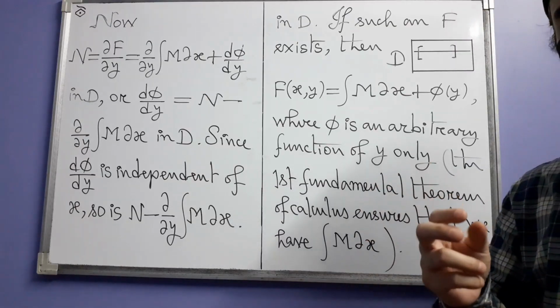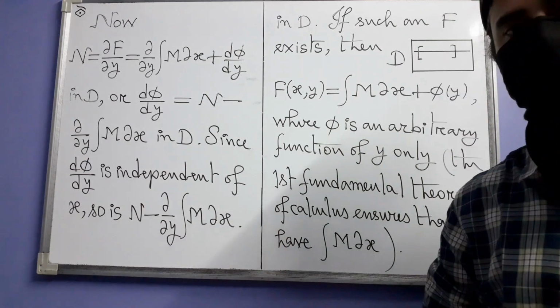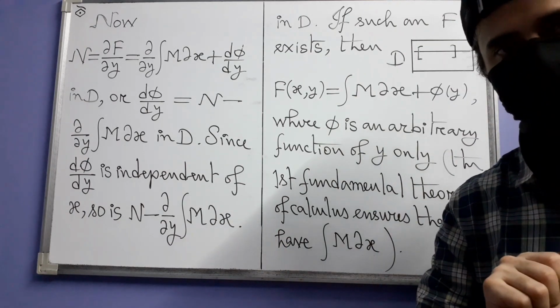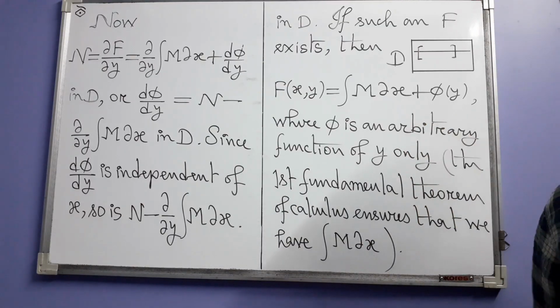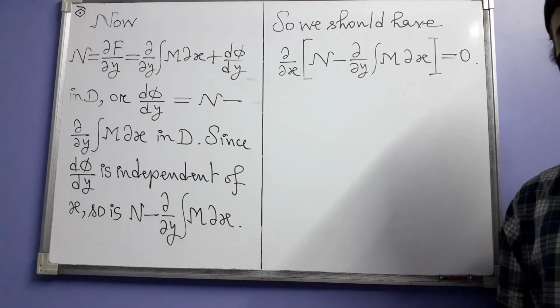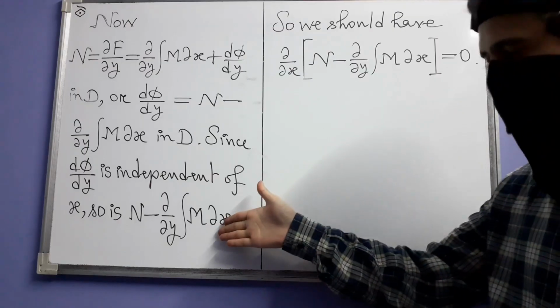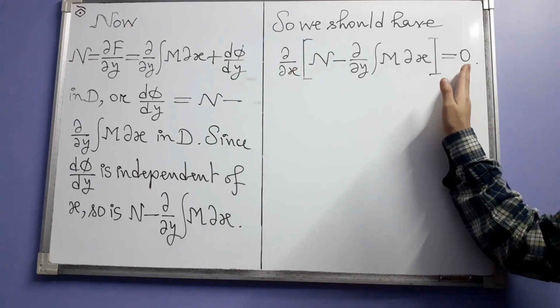And with this information, now if you differentiate this partially with respect to x, because there is no x, you should get 0. Okay, so that's the next observation. So we should have this, that is, if you differentiate this partially with respect to x, you should get 0.